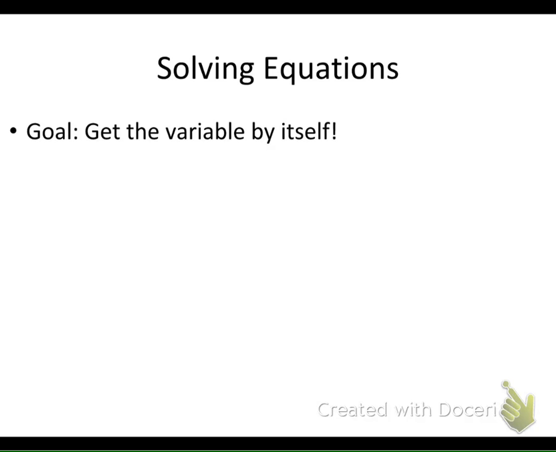Now, this is a little bit of a review because we already talked about the goal to get the variable by itself. Anytime you solve an equation, that's the common goal. It's going to be the goal every single time.